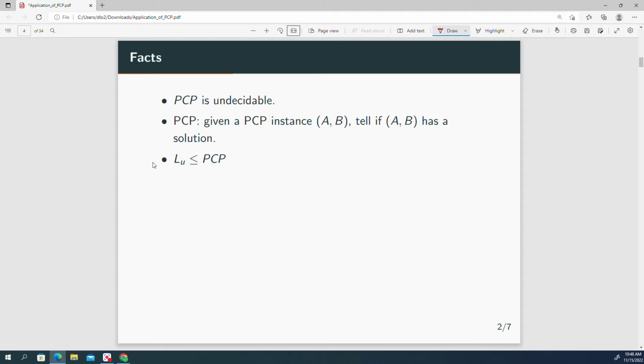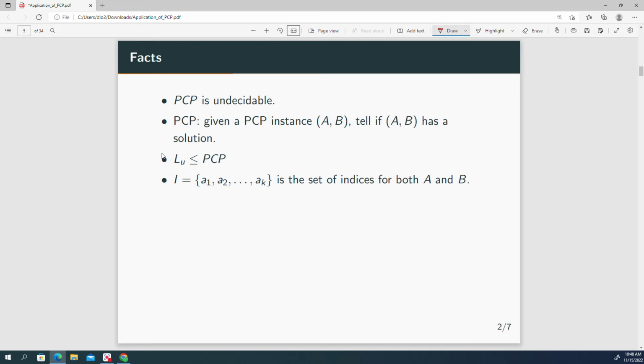The next one is LU is reducible to PCP. As I mentioned earlier, the proof is long and involves some Turing machine operations.